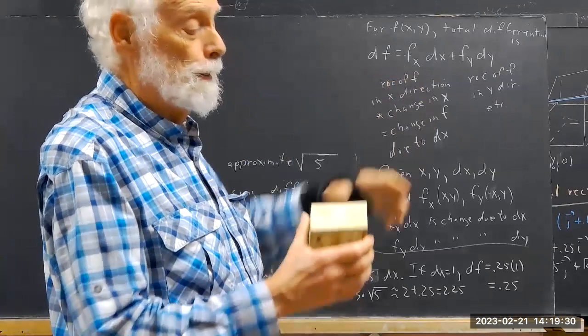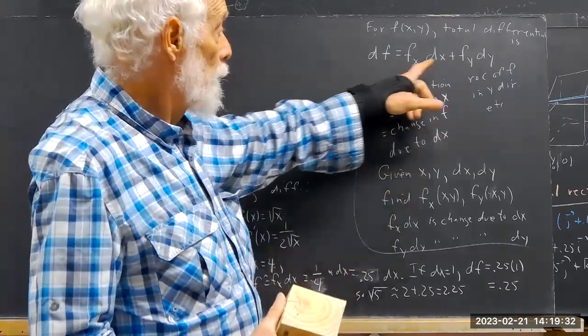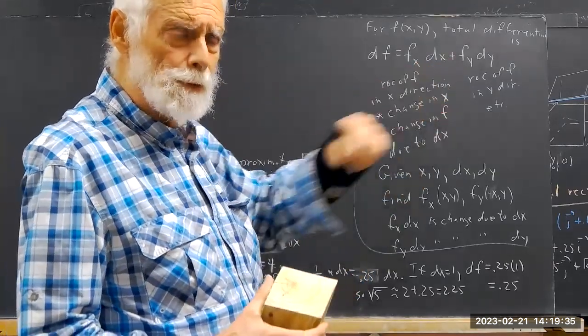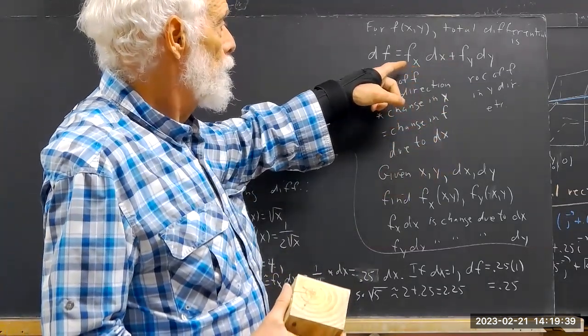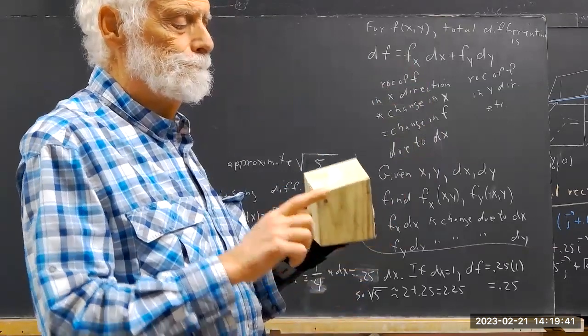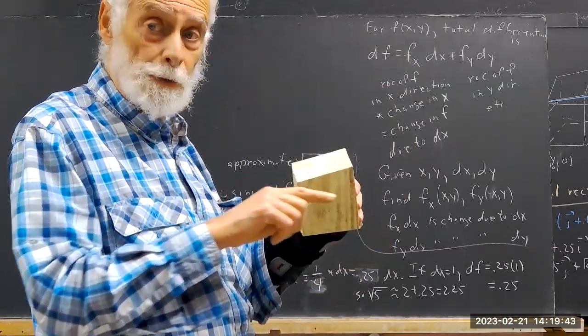Okay, so fx is this slope. You multiply that by dx, some tiny increment of x. And the slope is the rise over the run in this direction.